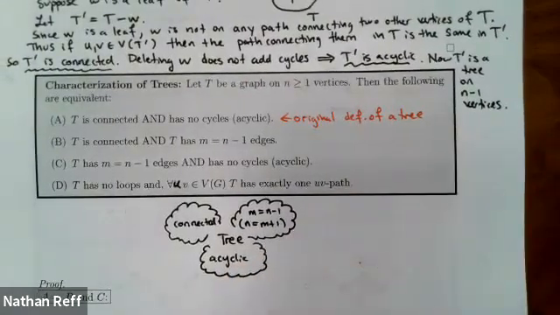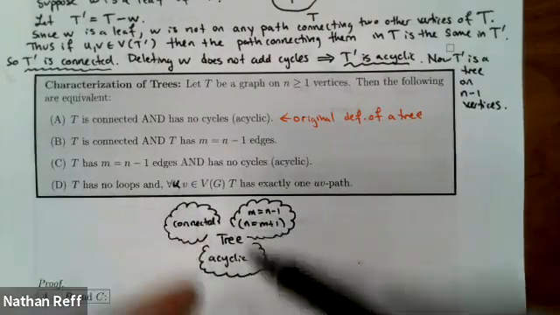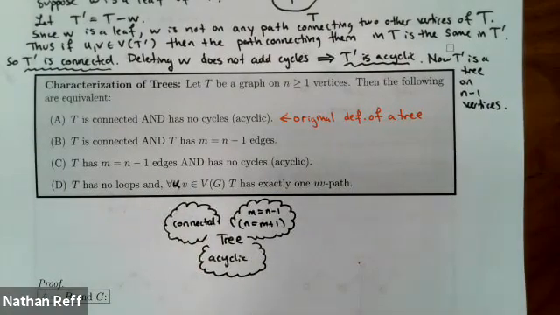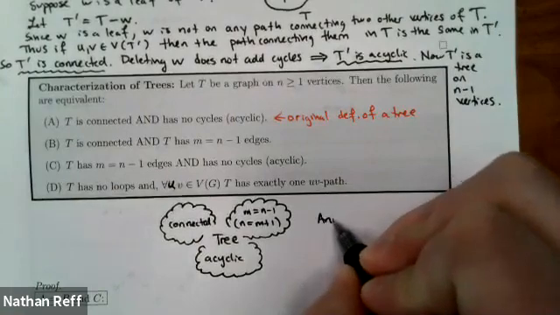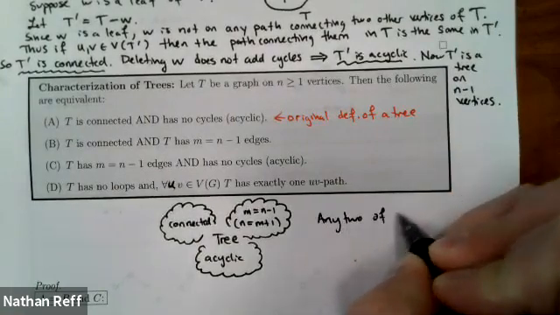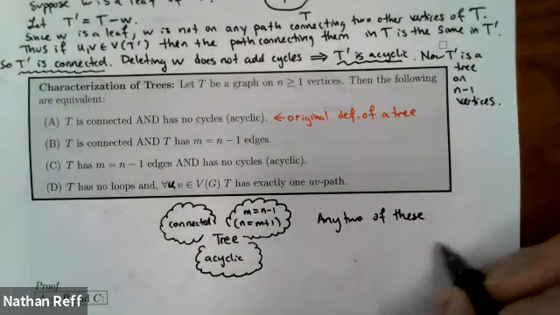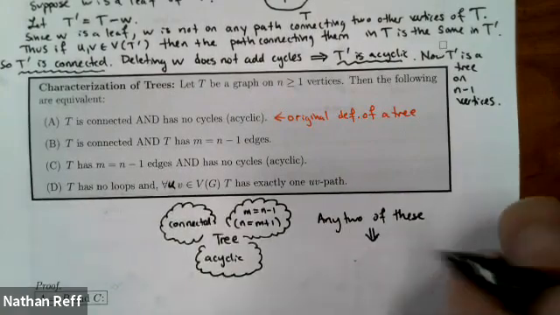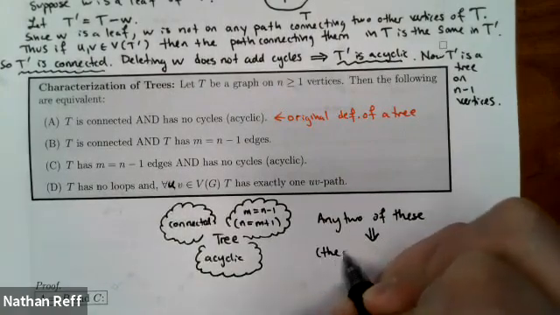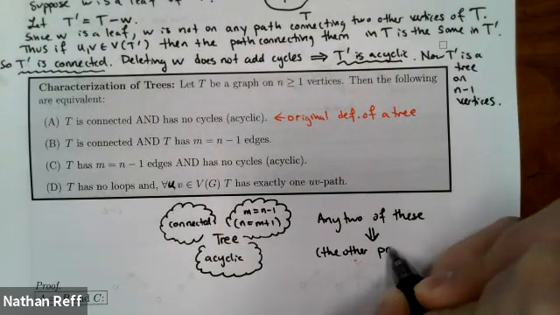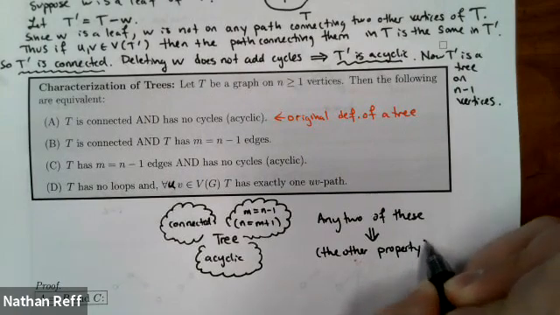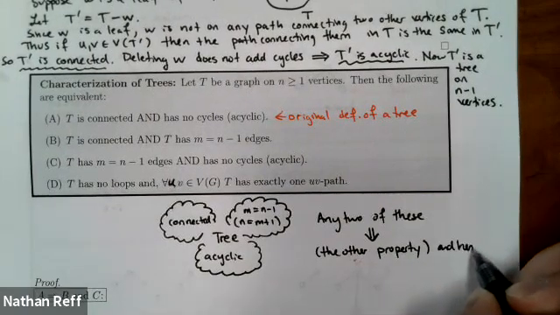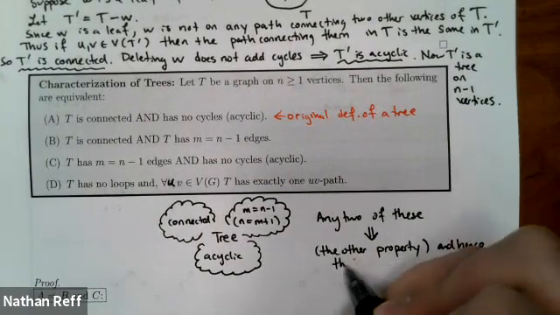That's equivalent to this. Pretty much any two of these will imply the other property, and hence the graph is a tree.